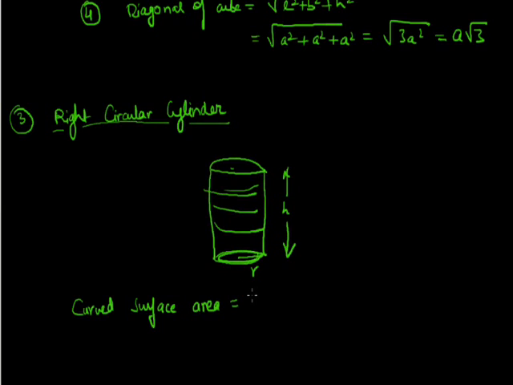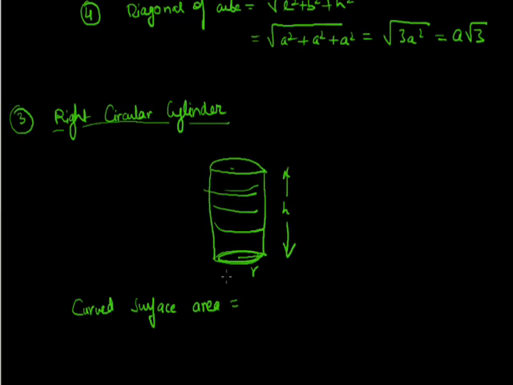To find out the curved surface area, we use the formula 2 pi r, which is used for finding the circumference or the perimeter of a circle.